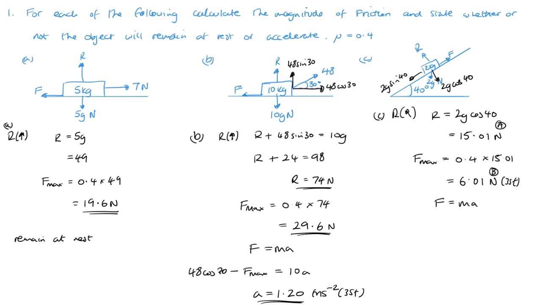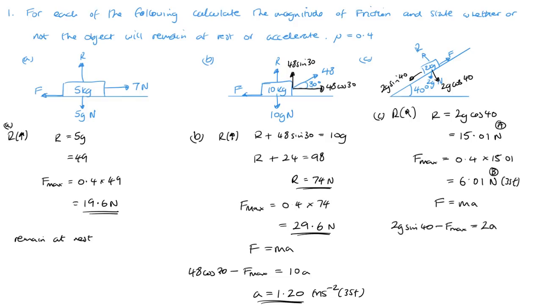So F equals ma. We've got 2g sine 40 minus F max equals ma. Oh, the m is 2 kilograms, so it equals 2a.